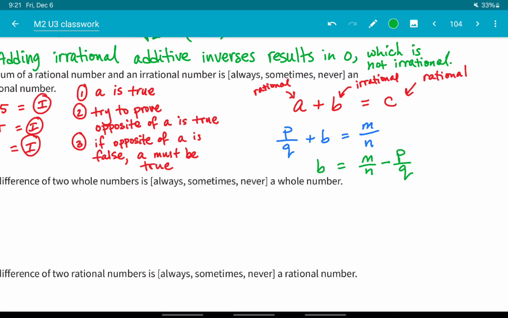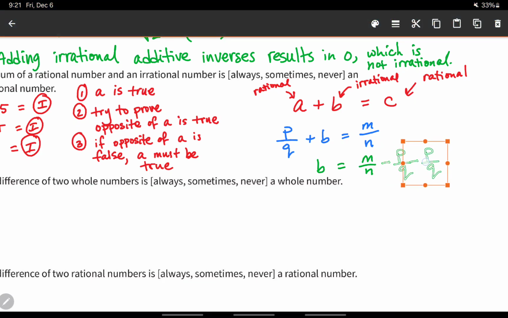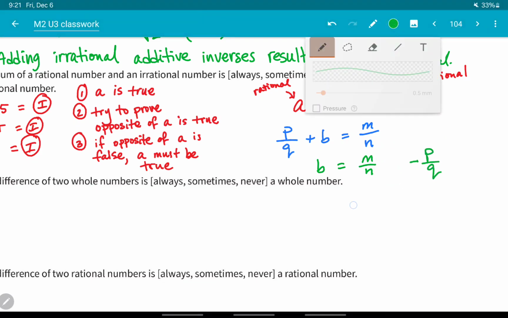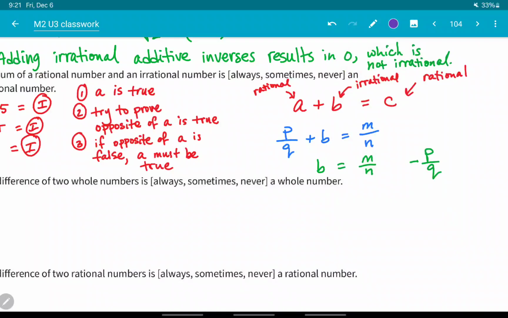In order to combine fractions, we need to have the same denominator. So I'm going to multiply the top and bottom by the same thing. If I multiply M over N by Q over Q, I'm multiplying by essentially 1, which is not going to change the number, it's just going to change how it looks.